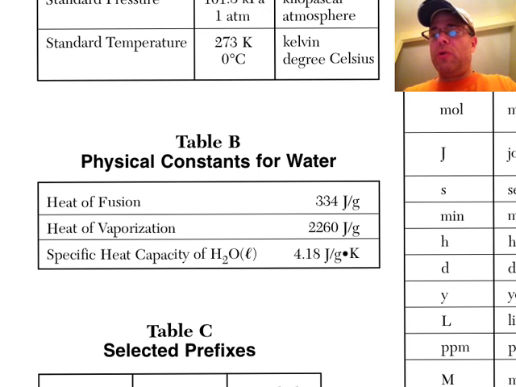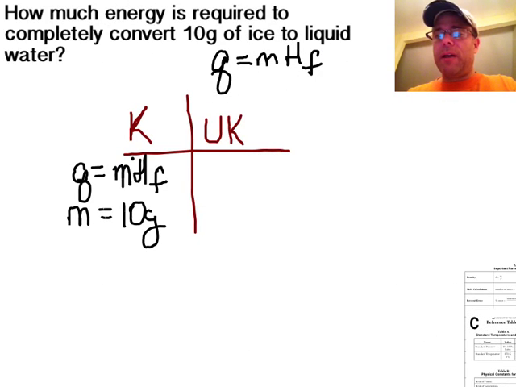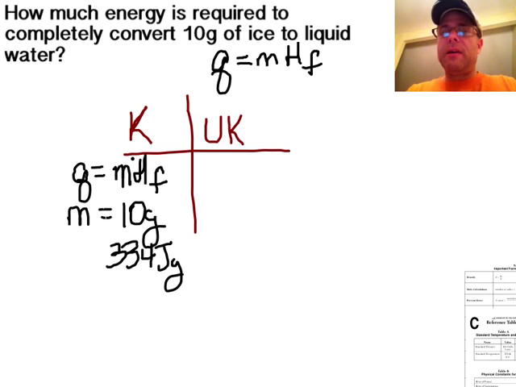It is well known for water that heat of fusion is 334 joules per gram. So that's 334 joules, a value of energy needed for every 1 gram of water. So 334 joules per gram. I got to remember that. 334 joules per gram is equal to Hf.